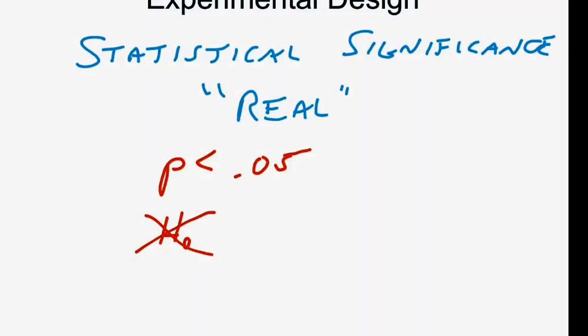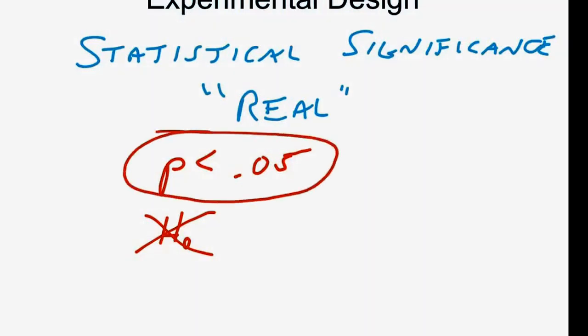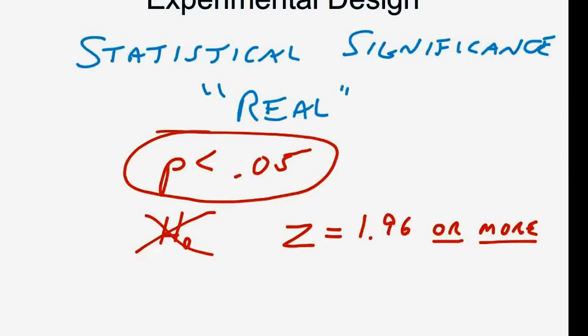So this p of less than 0.05 is very, very important. And for the z distribution, anytime z equals 1.96 or more, the difference is significant. Remember what that means.